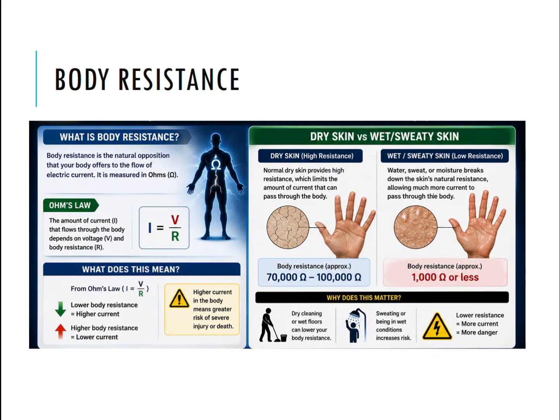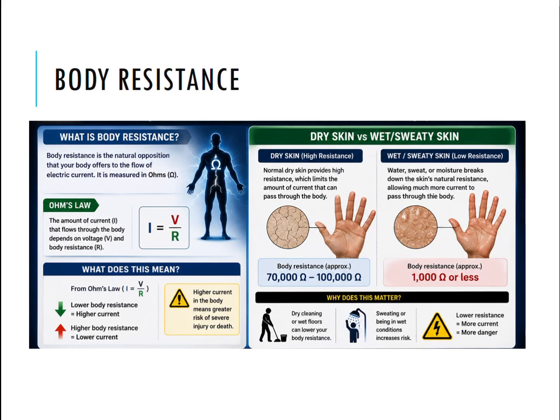Another very important aspect is the body resistance. A lot of people don't talk about the body resistance, but it is very important because our natural body, dry skin, has a body resistance of approximately 70,000 to 100,000 ohms. But in the case where your body is wet, or you are in a humid environment where you are sweaty, the body resistance drops to approximately 1,000 ohms or less.